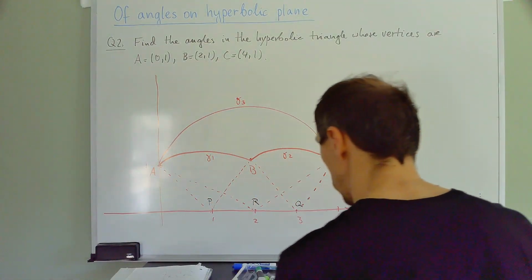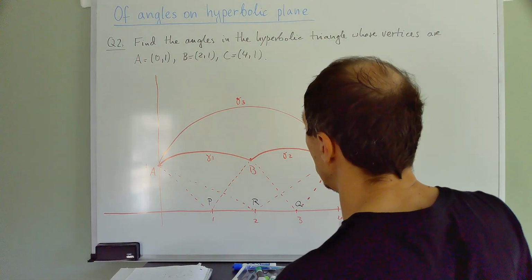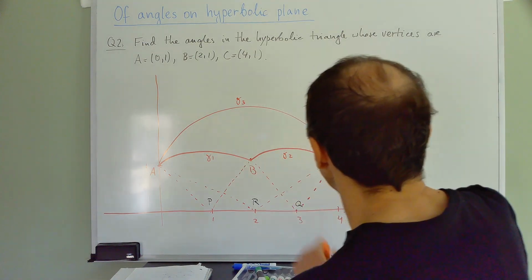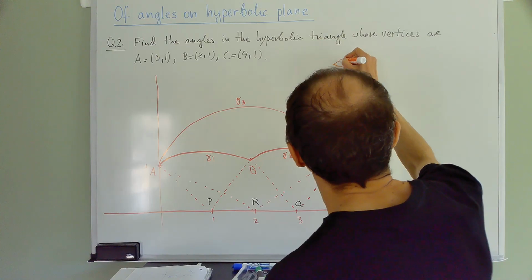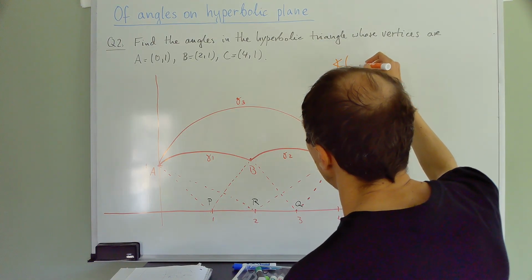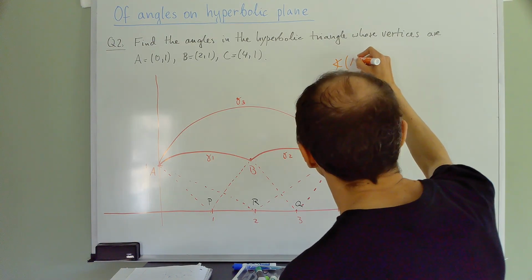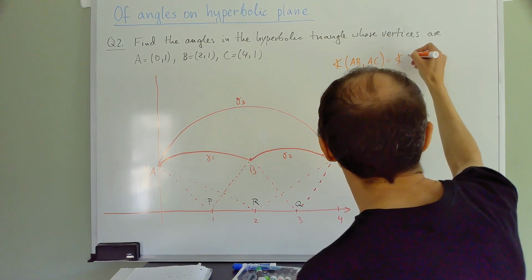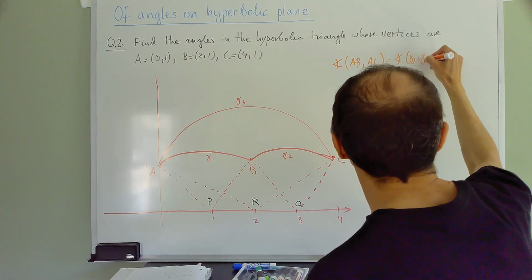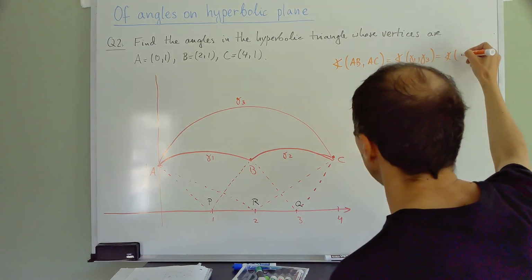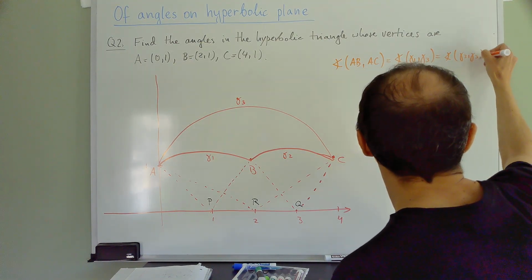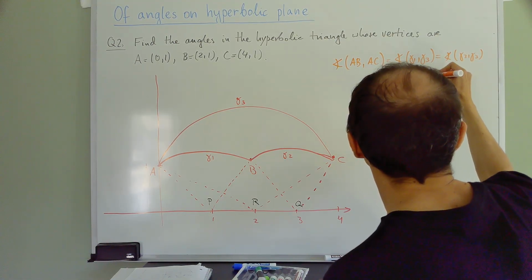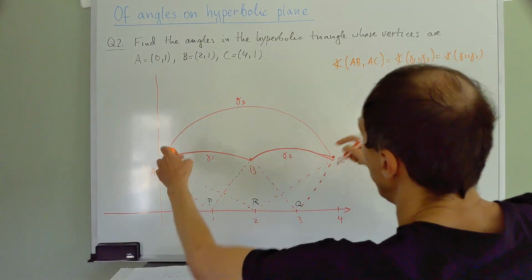First of all, the angle between gamma 1 and gamma 3, which I can write as the angle between AB and AC, is the same as the angle between gamma 2 and gamma 3, so the same as the angle between AC and BC. Okay, these two angles are the same.